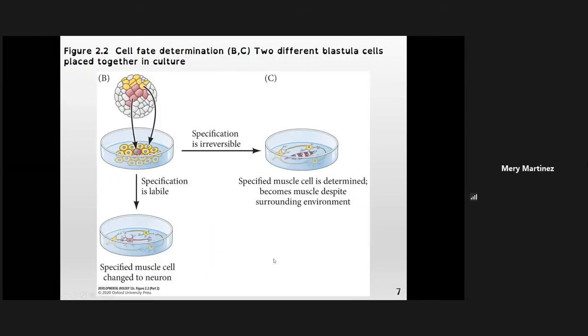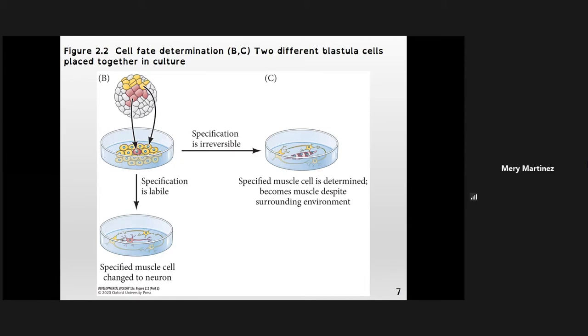Now, if a specified cell is transplanted into a population of differently specified cells, the fate of the transplant will be altered by its interaction with its neighbors, okay? And this is what we see in this figure, okay? So here in B, we have a majority of cells that are yellow, and only one that is supposed to become a muscle, okay?